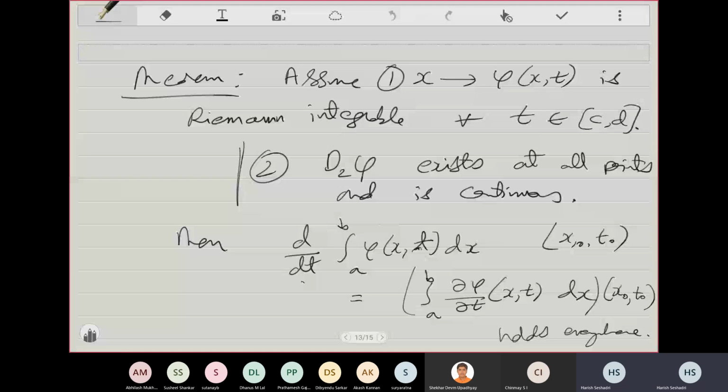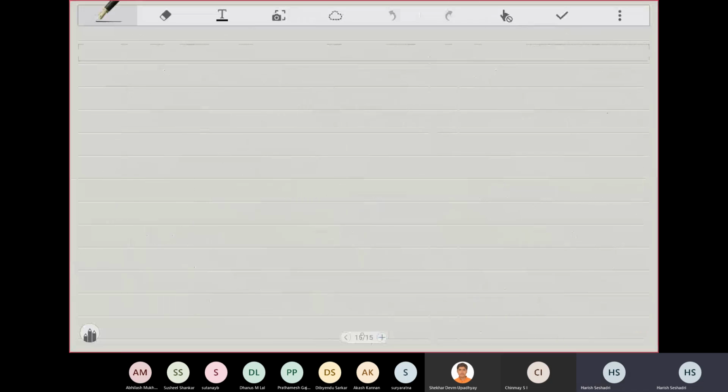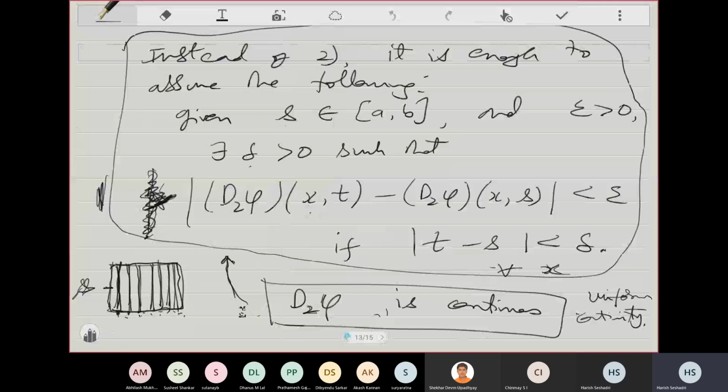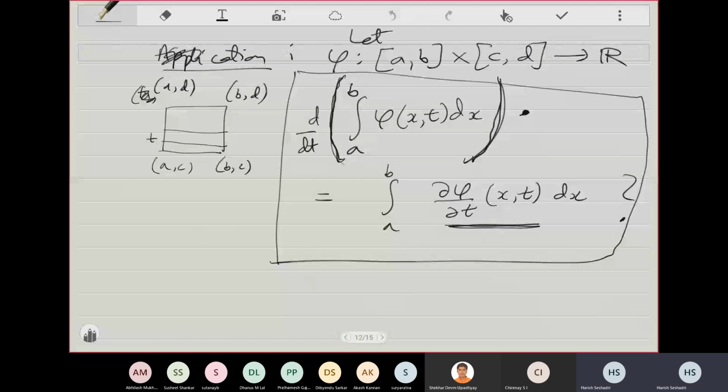This is not quite an application of that fact. This is a separate fact. You don't need that second order thing here, mixed partial derivatives. So it's not quite an application; this is just a separate topic: interchanging derivatives and integrals.